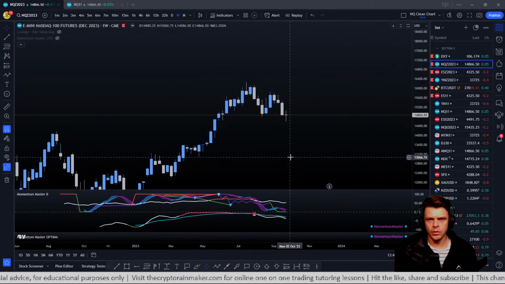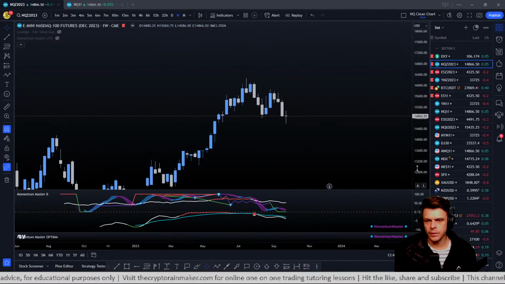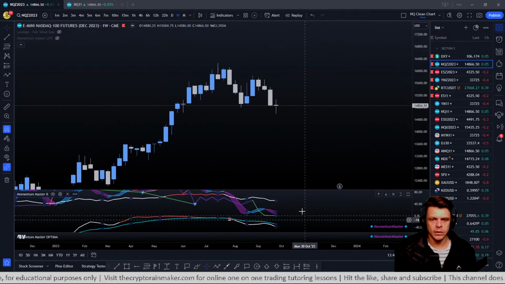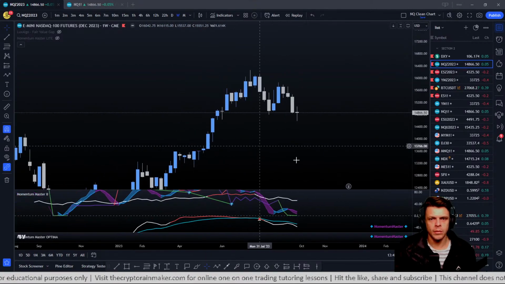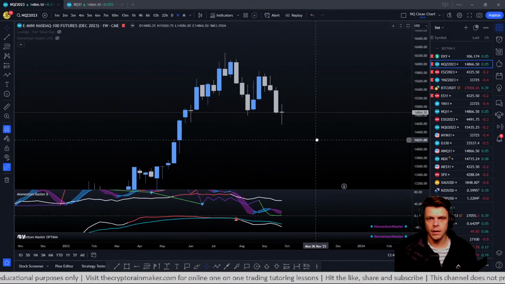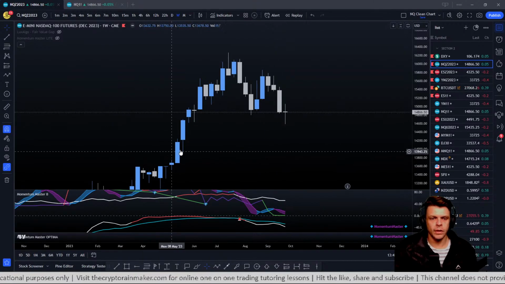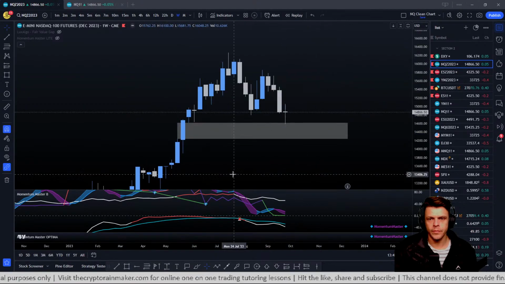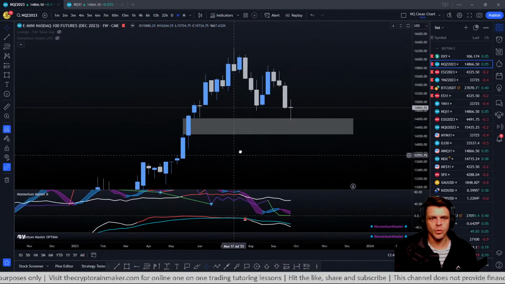Okay, so let's start on the weekly chart for the Nasdaq. So if we look at the oscillators, they are all basically oversold and look ready to make a push to the upside. Then this leg down for the Nasdaq took us back into this imbalance. So it just touched it and then started to move away.